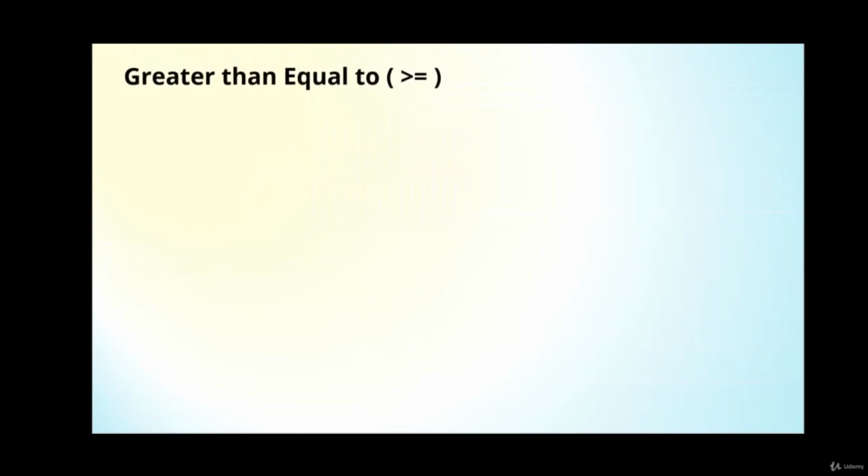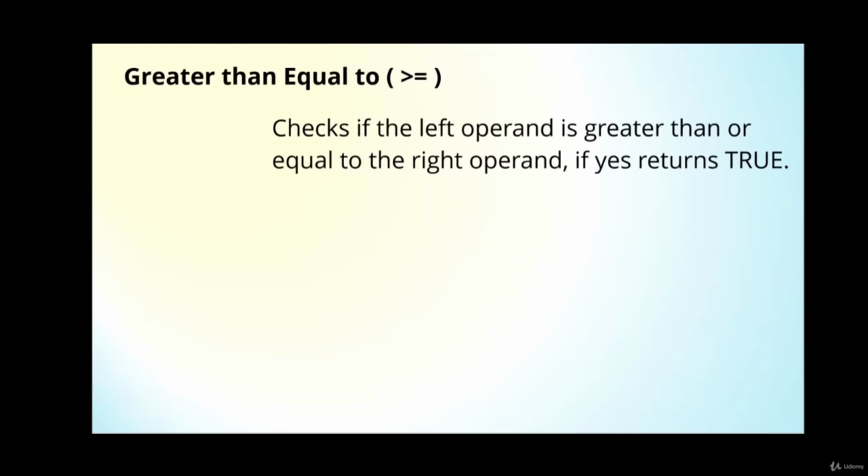Next operator is the greater than or equal to operator. What greater than or equal to does is it checks if the left operand is greater than or equal to the right operand. So in the greater than operator, we only checked if it's greater, but in greater than or equal to, we'll check if it's equal as well. If yes, then it will return true.